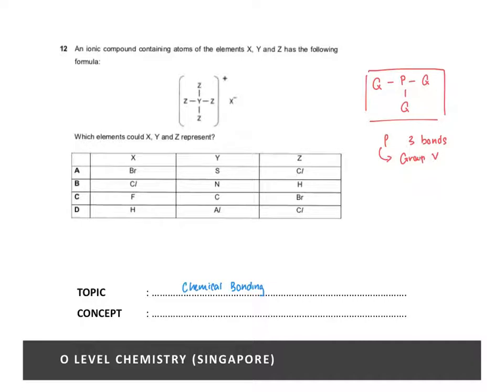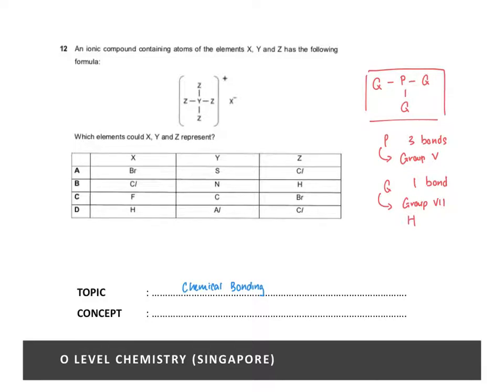Okay, and then if you look at Q has formed 1 bond, so that means that Q needs to share 1 electron, or Q needs 1 electron to become stable. So Q can either be in group 7, or it can be hydrogen as well.